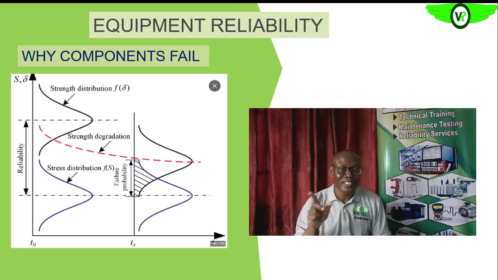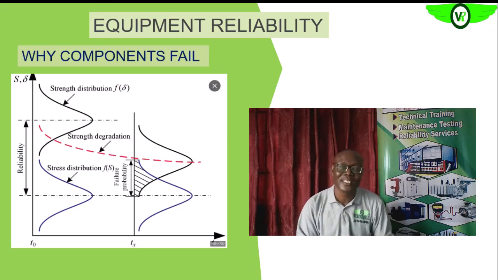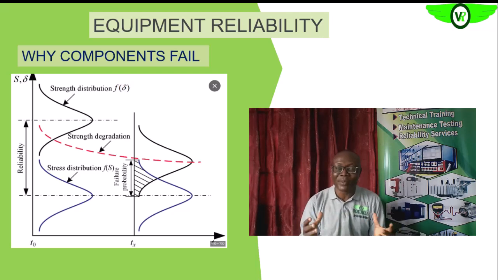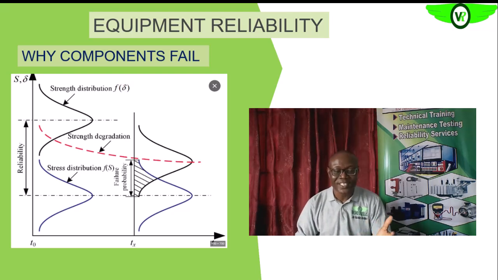So if such a thing repeats itself, such repeated stress has the effect of straining that component beyond its elastic limit. Once it goes beyond that, it will not be able to regain its integrity to withstand that particular stress, and then the failure mechanism will start setting in.